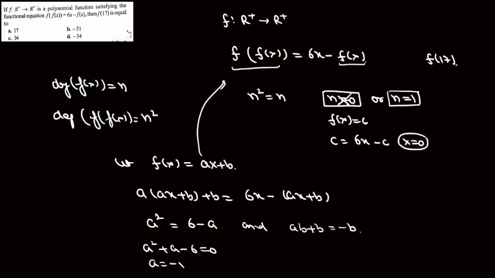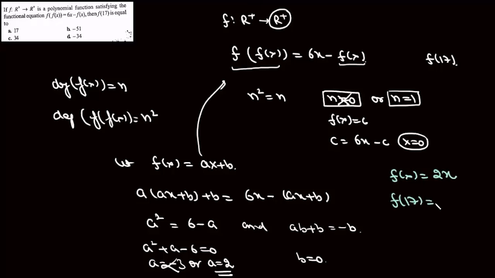That is, the value of a is minus 3 or a is 2, and the value of b is 0. Now since its codomain has only positive values, we cannot take a as minus 3. So the only value of a possible here is 2. So the given function f(x) will be simply 2x. Now we need to find the value of f(17). So f(17) will be simply 34, and that's your option C.